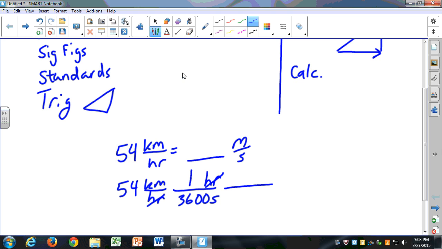And then in a kilometer, how many meters in a kilometer? No, that's meters in a mile. Okay, I'll give you any funky conversion factors like that, but I'm not going to give you your metric conversion factor. So you need to know these. In 1 kilometer, 10 to the third, or 1,000 meters.